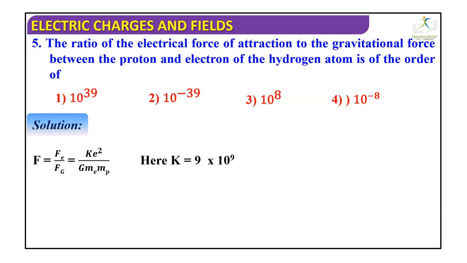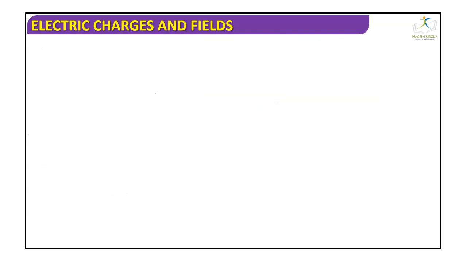Now here K is equal to 1 by 4 pi epsilon naught, and the value of 1 by 4 pi epsilon naught is 9 into 10 to the power 9. me is given here 9.1 into 10 to the power minus 31 kg, and mp we know is 1.67 into 10 to the power minus 27 kg. We just put all these values and get the first option. Hope you also get the same.